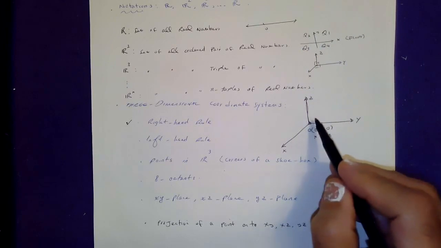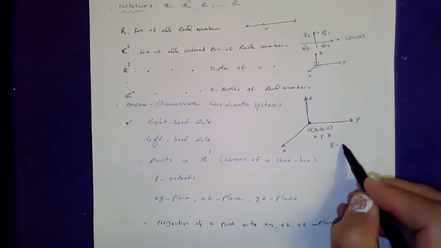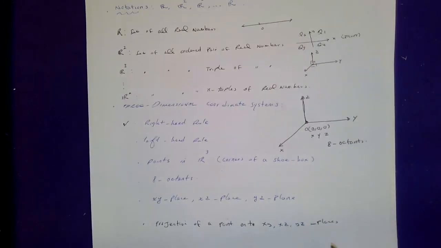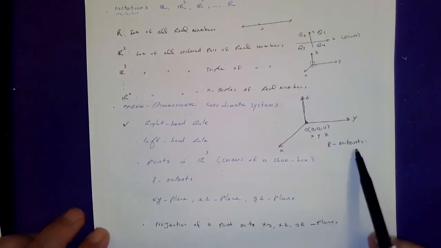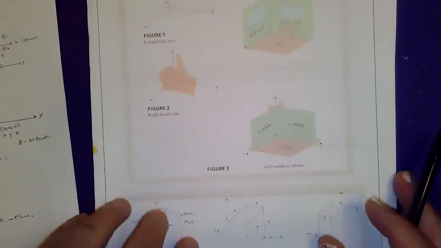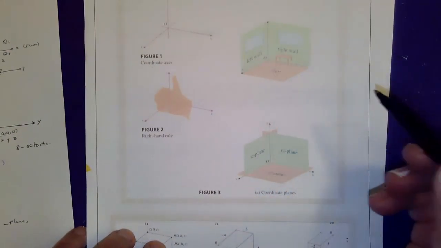Turns out in three dimensions, the axes divide the space into 8 octants. So how does that look? Well, pretend you have a two-story house.